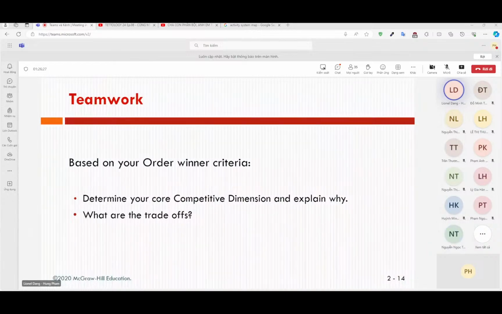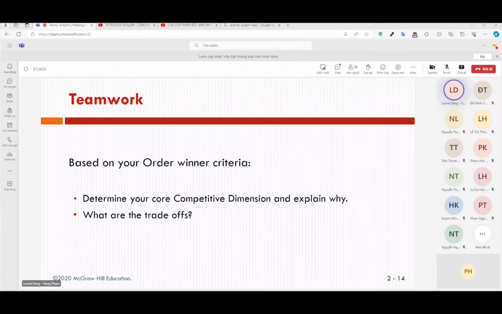So now, back to the teamwork again. Based on your order winner criteria, now you will determine the core competitive dimensions in order for you to deliver that order winner. In order to catch your customer's attention, you need to determine what the competitive dimensions are.